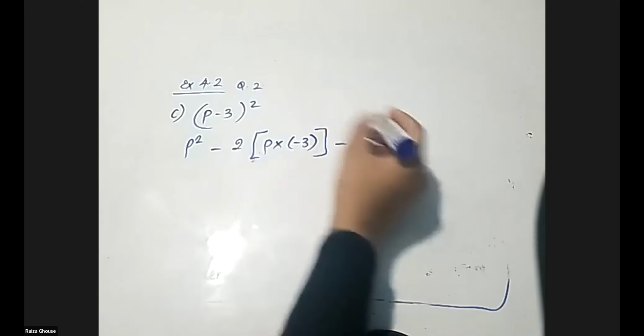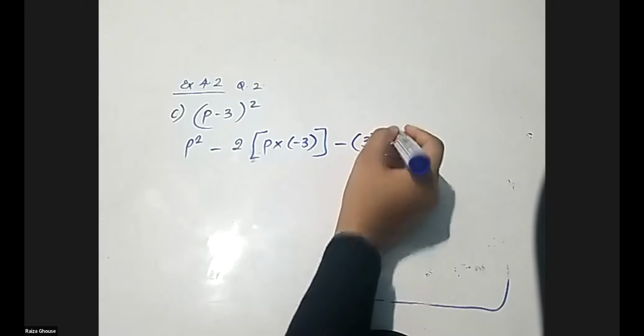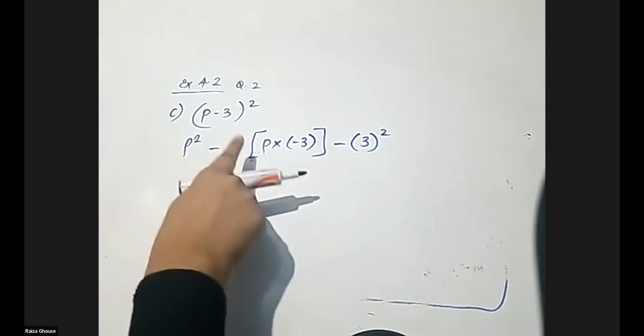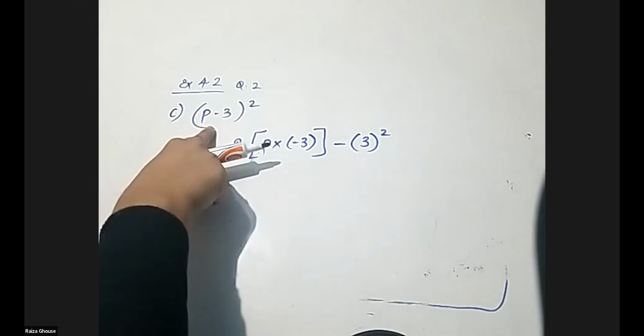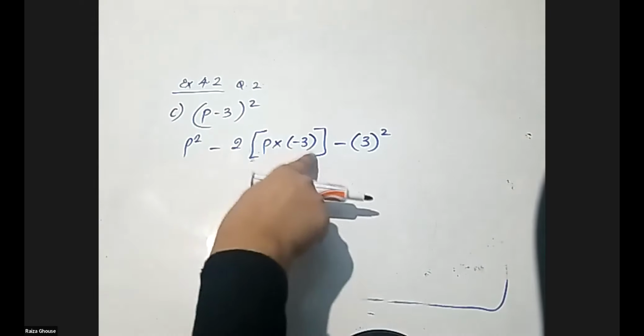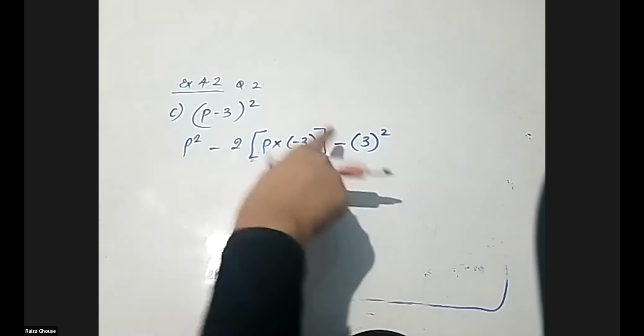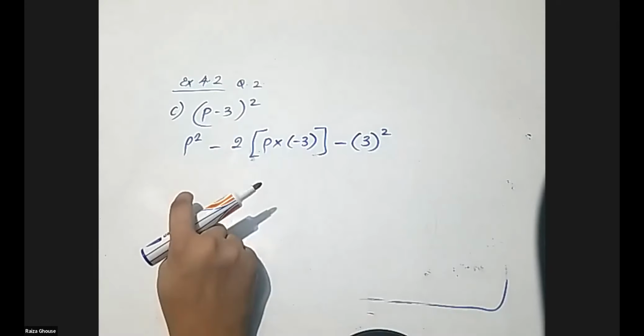Minus square of the second term. See very carefully. Square of the first term, twice. Why did I put minus? Because it's minus. Twice the first and the second term, second term is negative. Minus square of the second term.